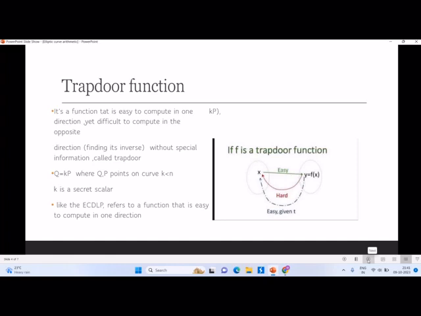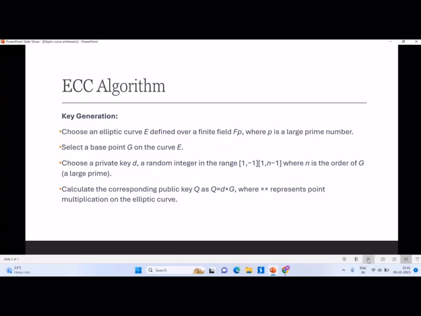So let us see how the ECC algorithm works and what functions are used in it, and the arithmetical functions as well. First comes the key generation. We choose an elliptical curve E defined over a finite field Fp, where p is a large prime number.